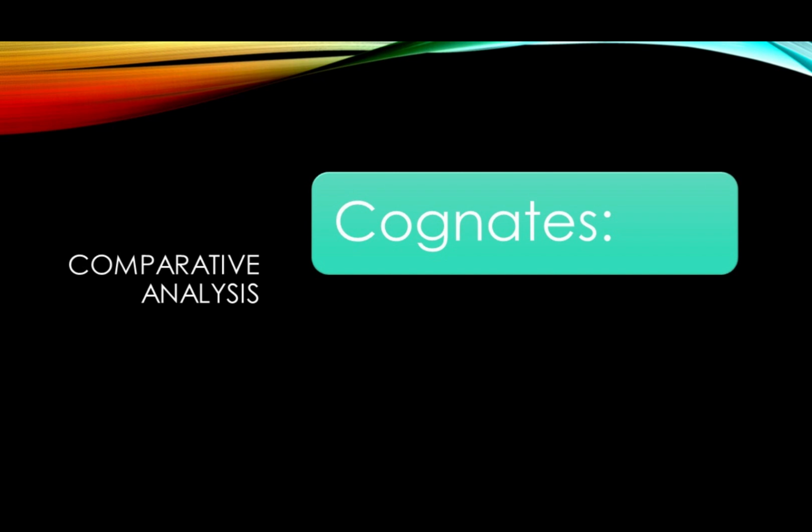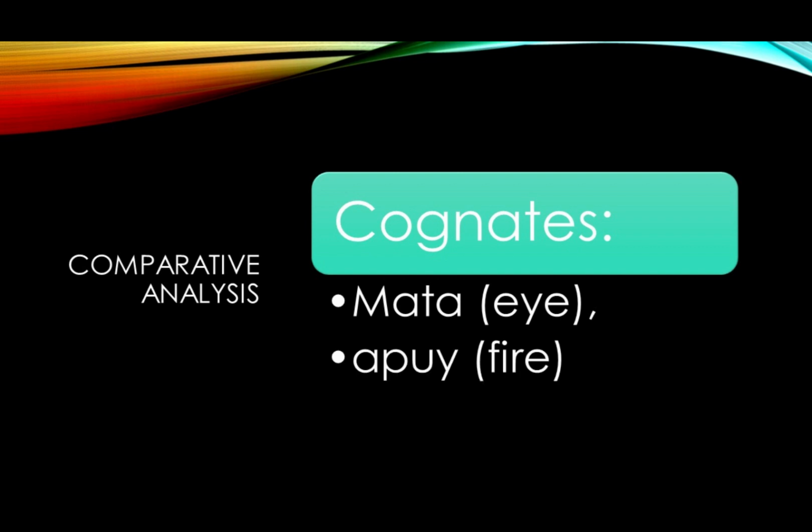Comparative analysis uses cognates to identify patterns of sound change. For instance, the word for eye is mata in Tagalog, Cebuano, and Ilocano, suggesting it was likely mata in Proto-Philippine. Similarly, apoy in Tagalog and Ilocano points to a Proto-Philippine root, apoy.